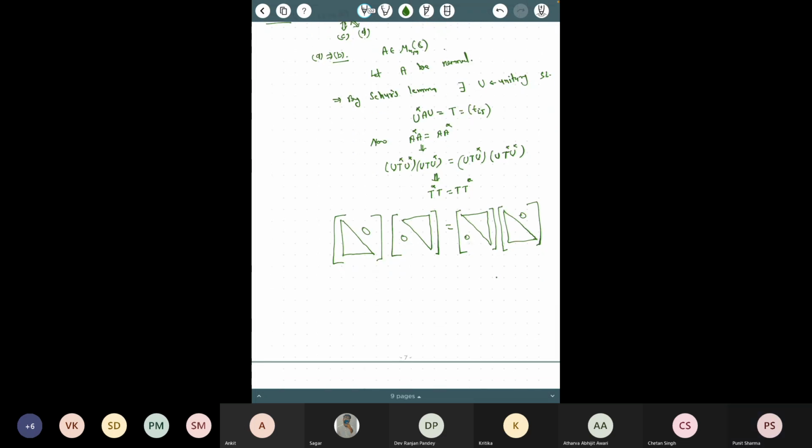Now, can you tell me what would be the first entry of the left hand side here? This is T star T. What would be the 1,1 entry of the left hand side and the right hand side? Yes, mod of T11 square on the LHS. What would be the right hand side?